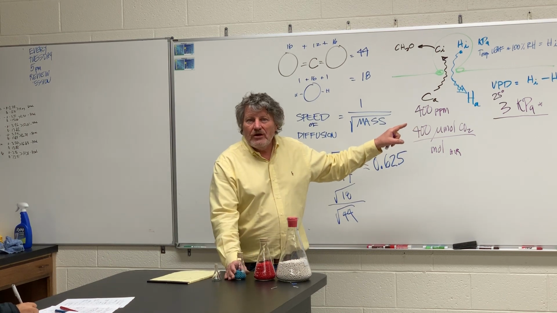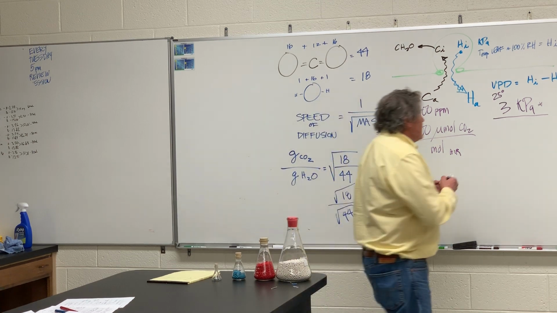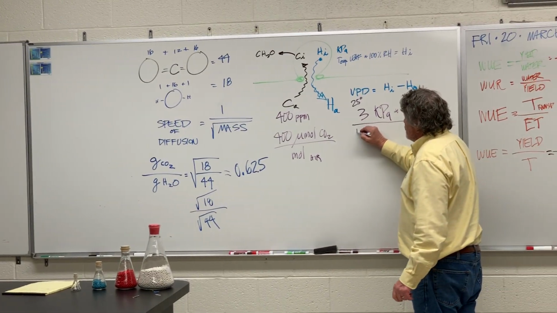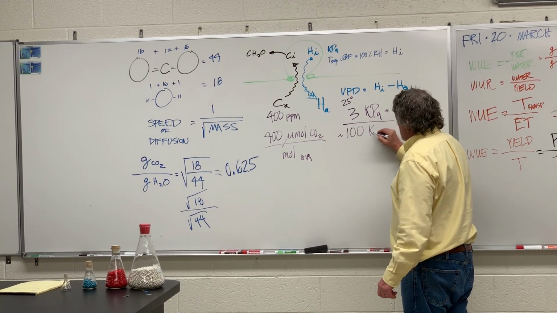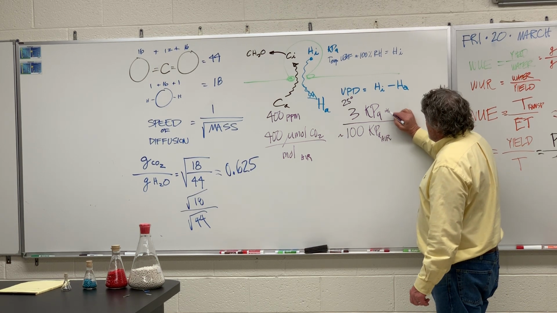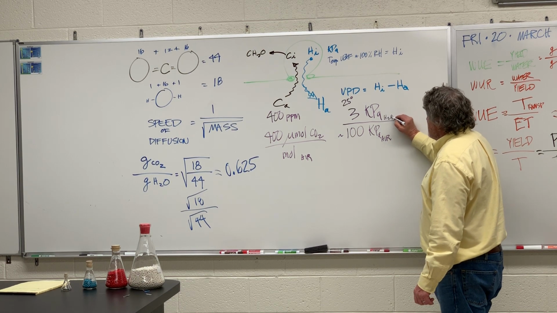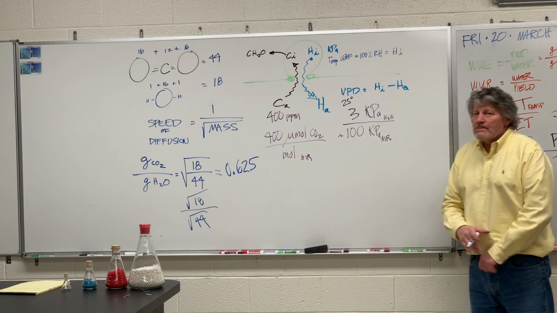3, but it's 3 what? To match water vapor to this, 3 kilopascals, let's do this for sea level, roughly 100 kilopascals. This is air pressure, and this is H2O pressure, kPa H2O.